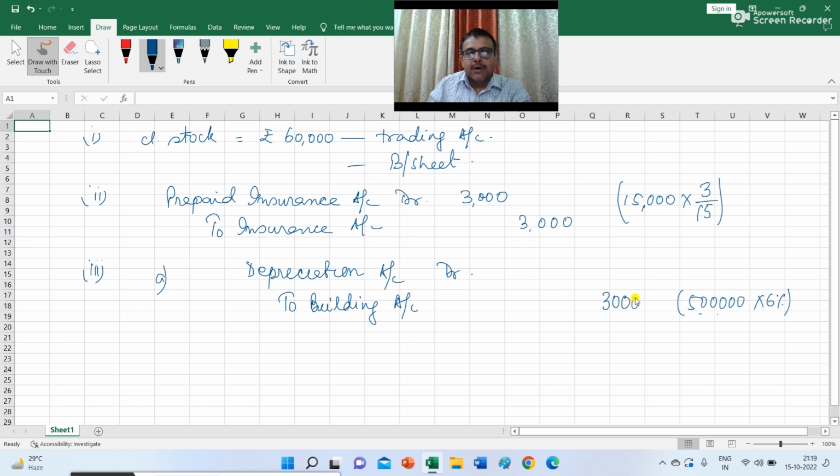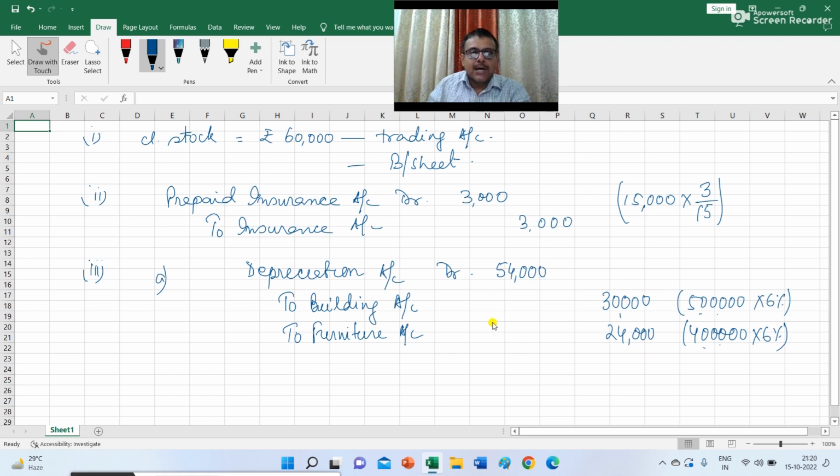So building amount will be reduced by 30,000 towards depreciation, and the value of furniture is 4 lakh. So 4 lakh multiplied by 6% is 24,000. So furniture value will be reduced by 24,000 towards depreciation, and total amount of depreciation that will be debited to PL account will be 54,000.